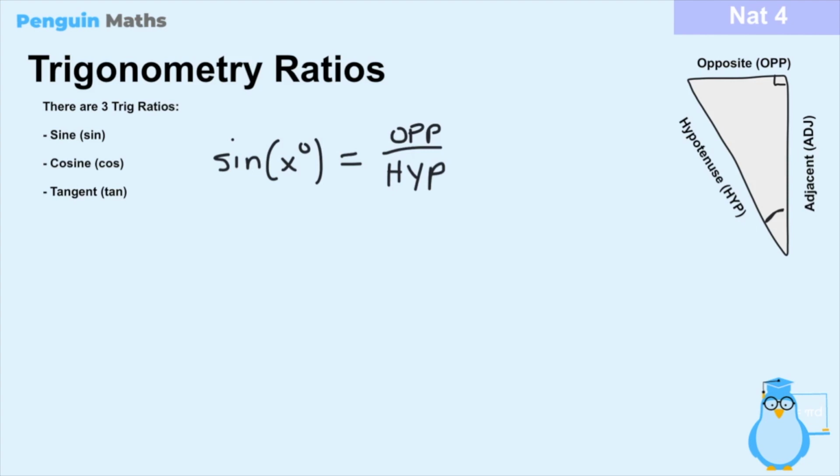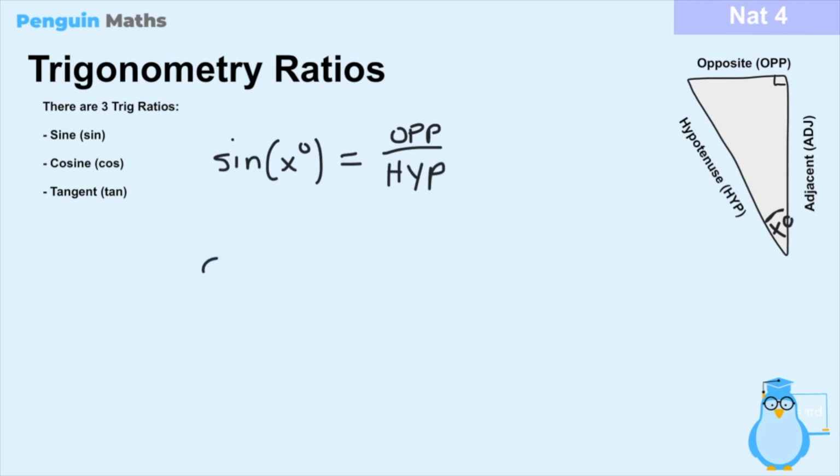So basically what that is saying is, if we know the length of the opposite within a triangle and we also know the length of the hypotenuse, the ratio between the two, or in other words the opposite divided by the hypotenuse, gives us this function called the sine of x degrees, and this is just the angle. So I'll label that as well just for clarity. So in here, this angle can be called x degrees.